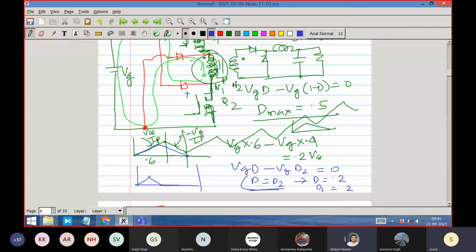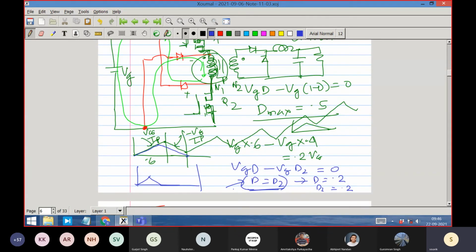So the maximum value of D2 is 1 minus D. If D is equal to D2 for volt-second balance, then the maximum value of D2 is 1 minus D. It cannot be beyond that. Sorry, again I am wrong. The maximum value of D will be 0.5, because with the constraint D is equal to D2, the maximum value you can go up to is D equal to 0.5. You cannot go beyond that.